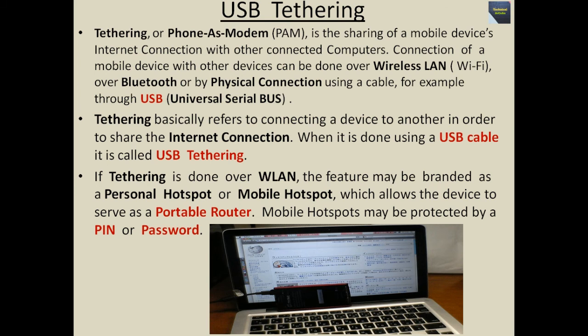When the mobile internet connection is shared with a connected computer using a physical cable like USB, then it is called USB tethering. Comparing USB tethering with mobile hotspot, there is one difference. In case of USB tethering, the internet speed obtained in the connected computer is faster, but in case of mobile hotspot, the internet speed is a little slower.